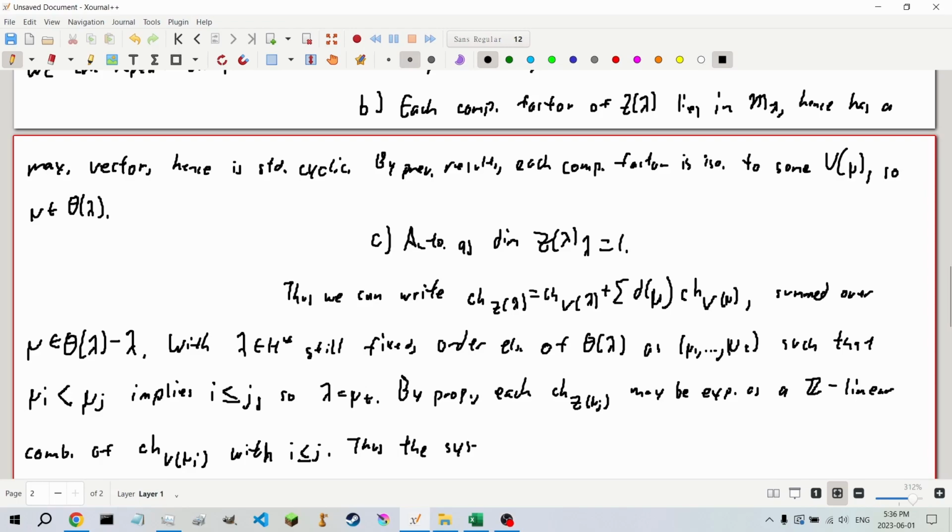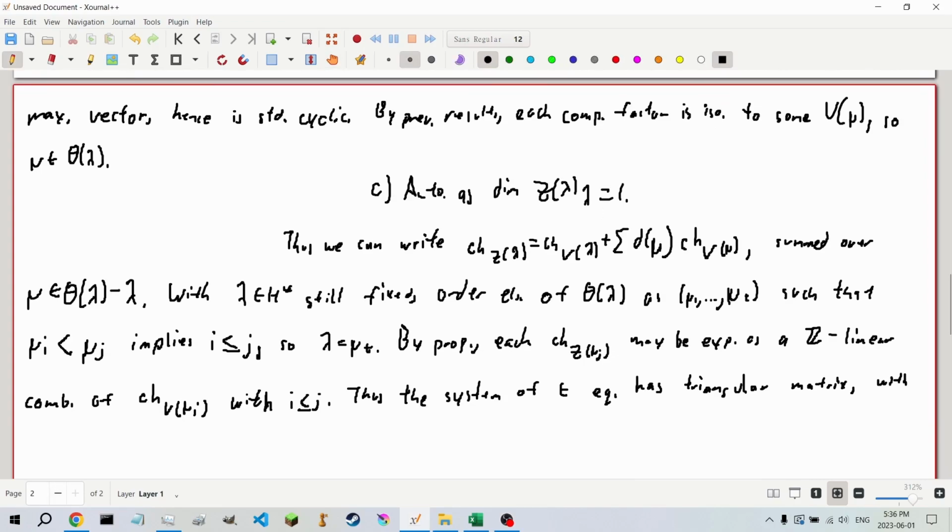Thus, the resulting system of t equations has a triangular matrix relative to our order with 1s on the diagonal.